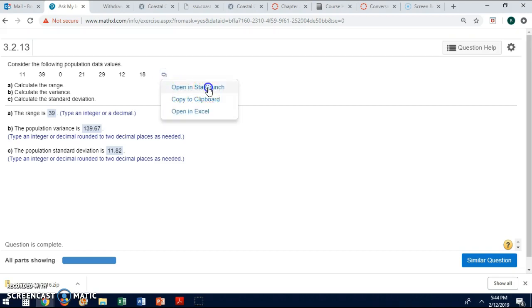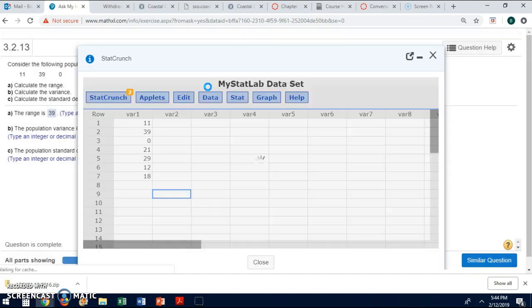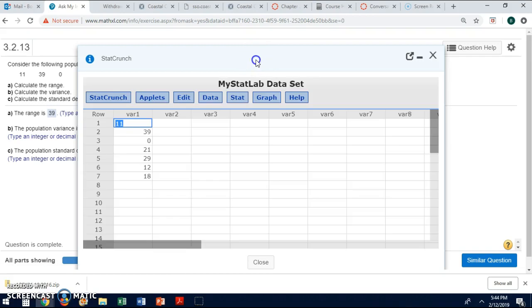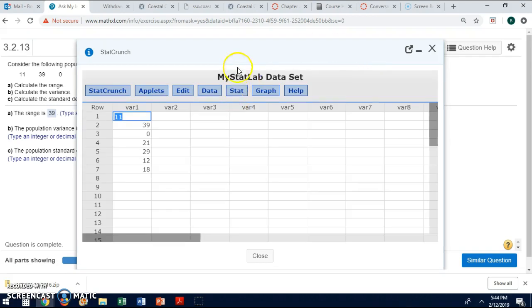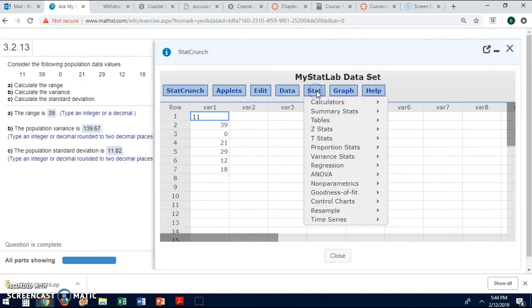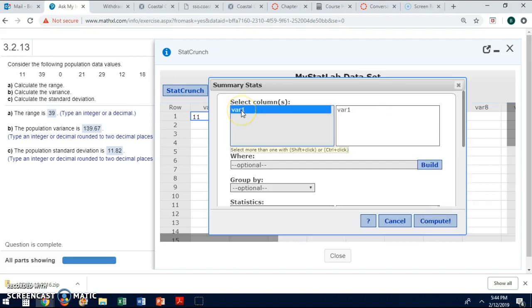So let's go ahead and open it in StatCrunch, and you're going to calculate it very similar to the way we did before when we did a sample. You're going to go to Stat, and you're going to go to Summary Stats, Columns, and click on Variable 1.